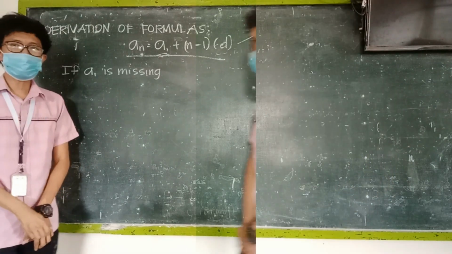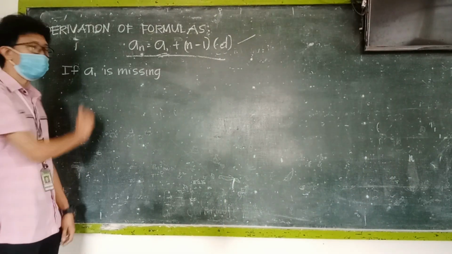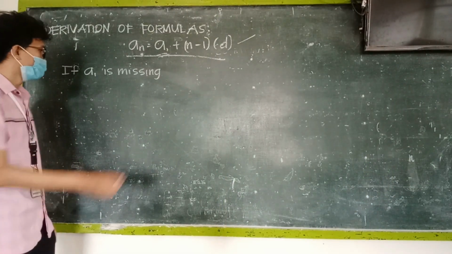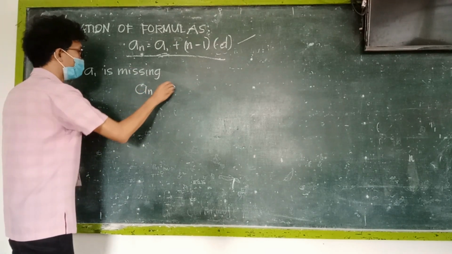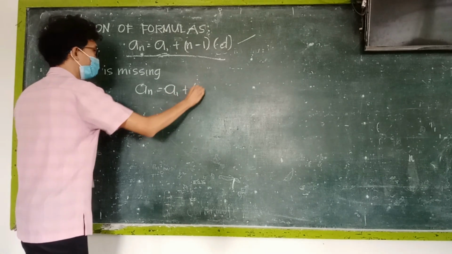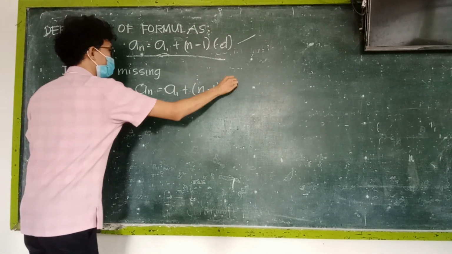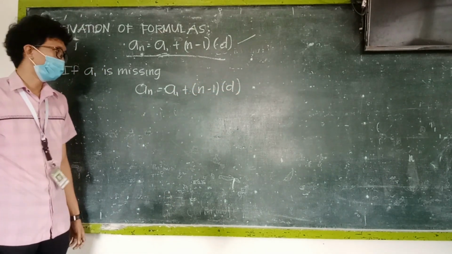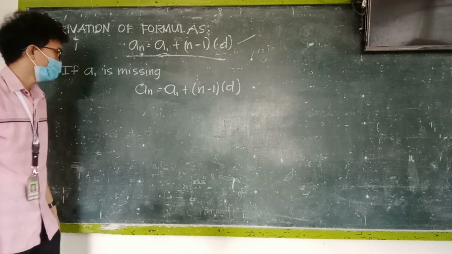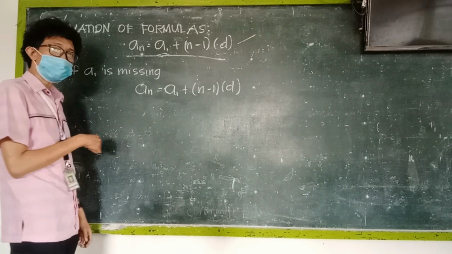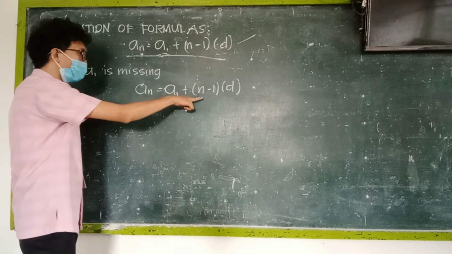So ngayon, itatalakayin natin kapag ang nawawala ay a sub 1. So we have the formula here, a sub n is equal to a sub 1 plus n minus 1 times d. Hahanapin natin dito ang a sub 1. So, given kunwari ang a sub n, at saka ang d.